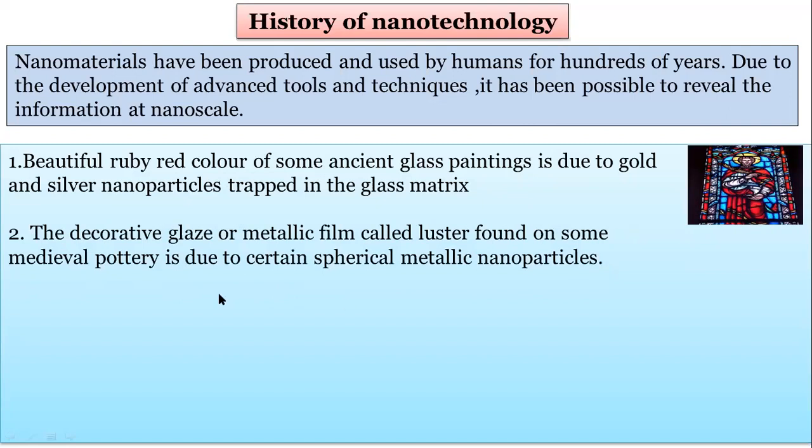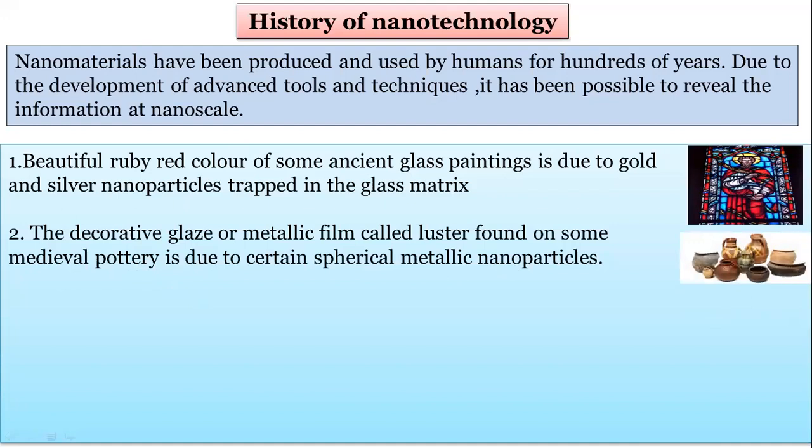Then the second one, the decorative glaze or the metallic film, called the luster, found on some medieval pottery. Now medieval age means between the 12th and 14th century. So in these 12th and 14th century potteries, it is due to certain spherical metallic nanoparticles. I will show the picture.